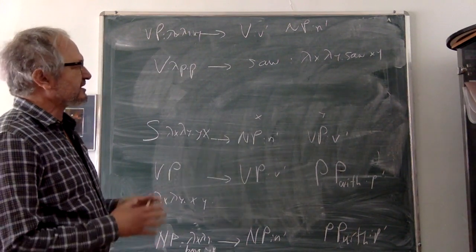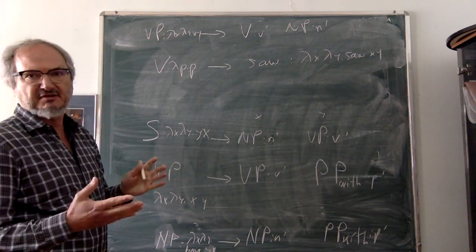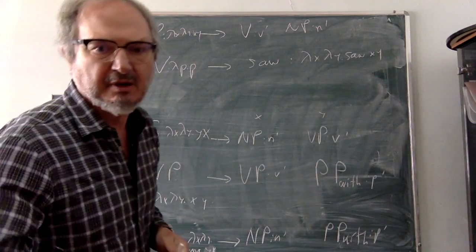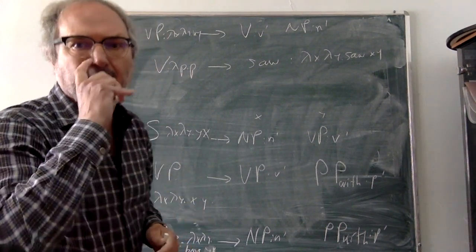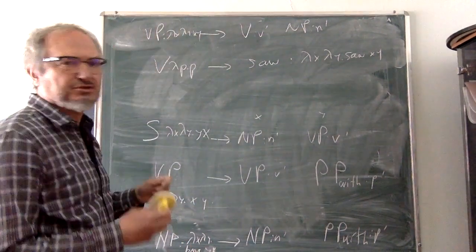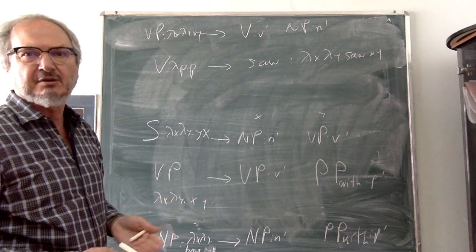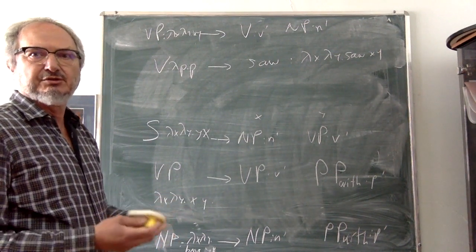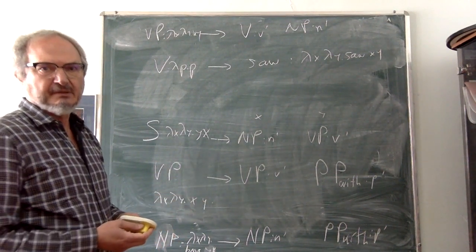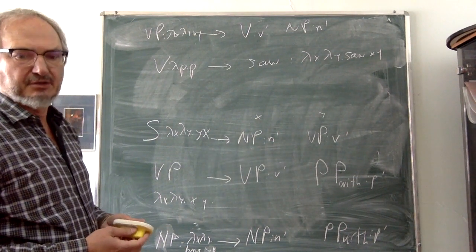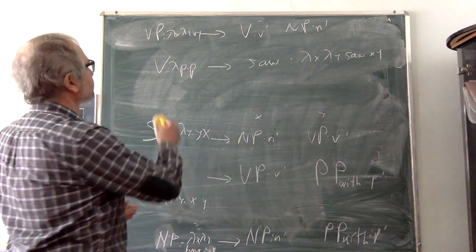So if you draw the syntactic tree for I saw the man with the telescope, let me just draw you the tree because it's easiest to follow, and then I'll show you what we mean by interpreting this under uncertainty.